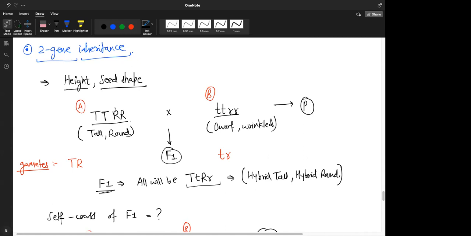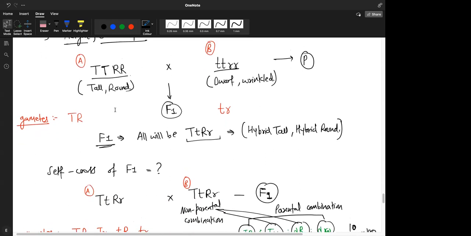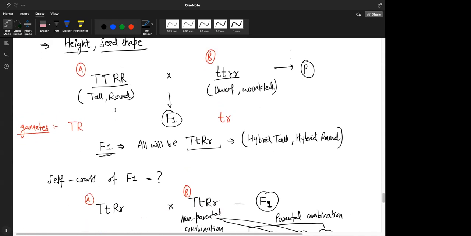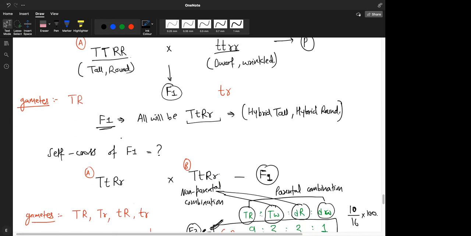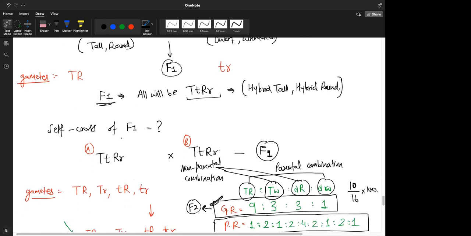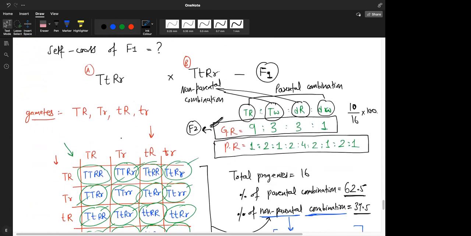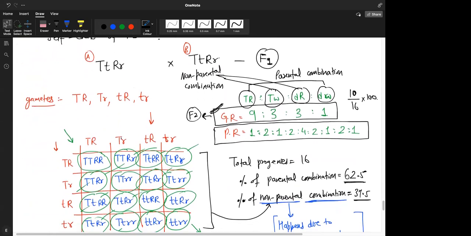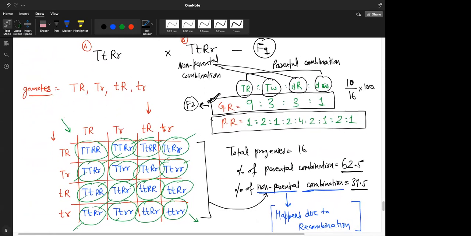When we combine them, we get hybrid tall and hybrid round in the F1. Then when we self-crossed the F1, we got four gametes: capital T capital R, capital T small r, small t capital R, and small t small r.